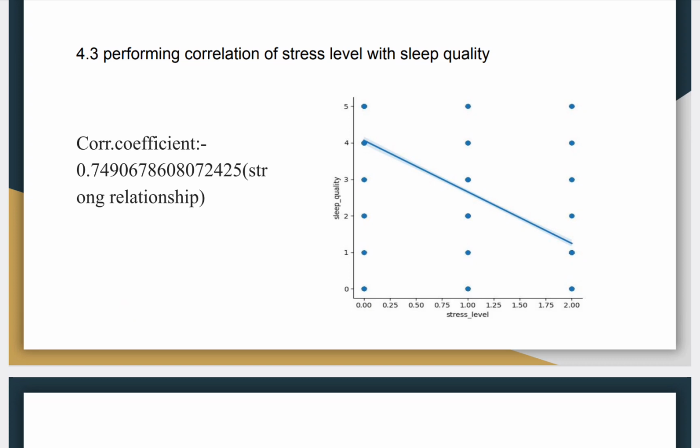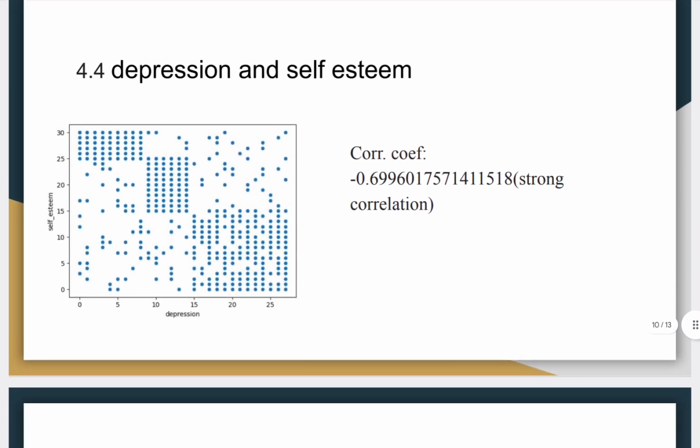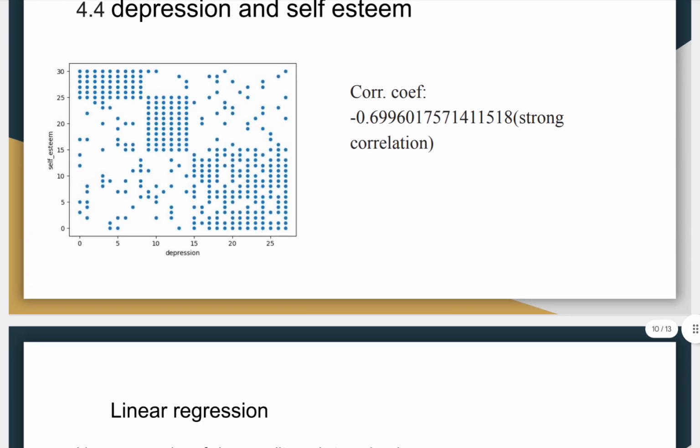It means it is a strong relationship. The last is depression and self-esteem. Again, we can see the visualization, and the correlation coefficient is minus 0.69, and it is also a strong correlation. It means depression does affect self-esteem, or self-esteem does affect depression.